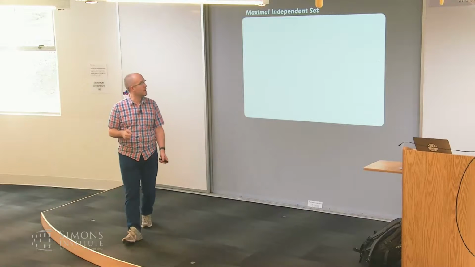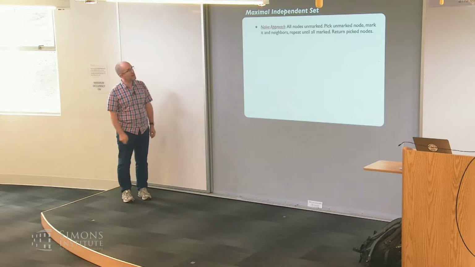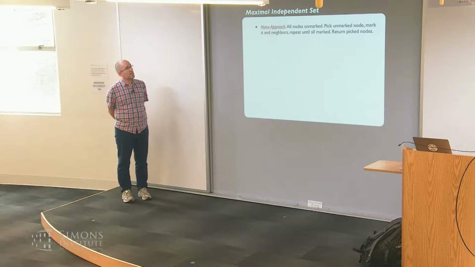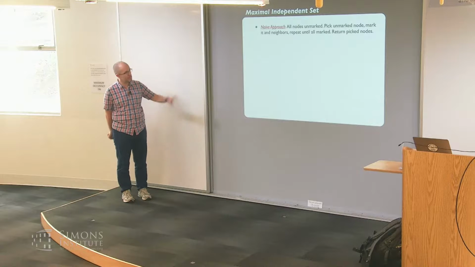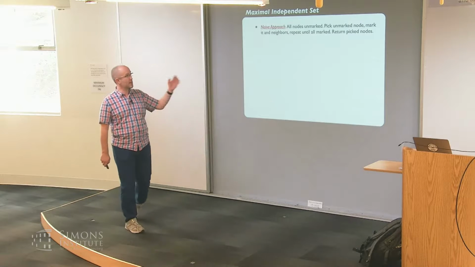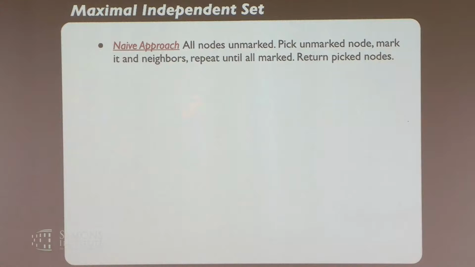That is indeed an algorithm that will find a maximal independent set. Not a streaming algorithm, but it's an algorithm that would work. You could try to emulate that in a streaming algorithm, but if you did, it would require many, many passes, or it certainly seems to.